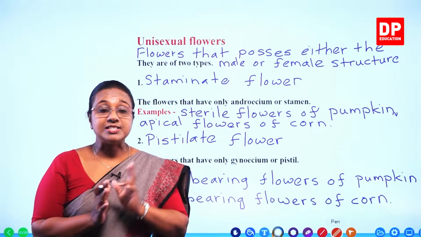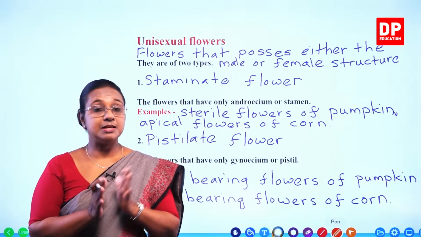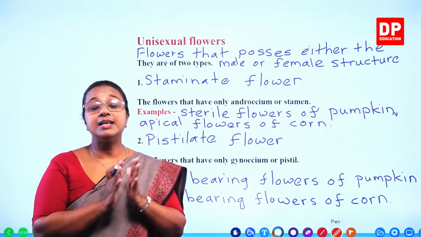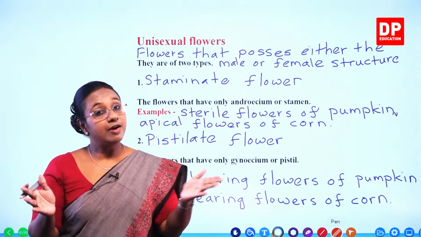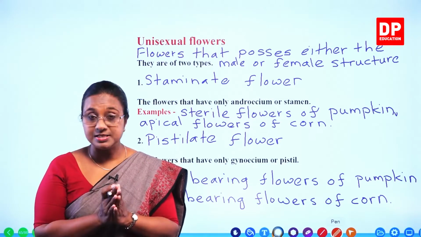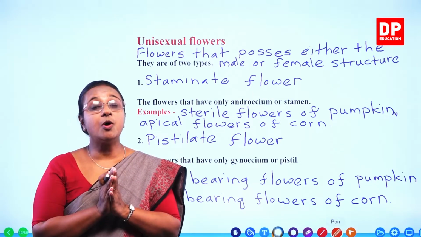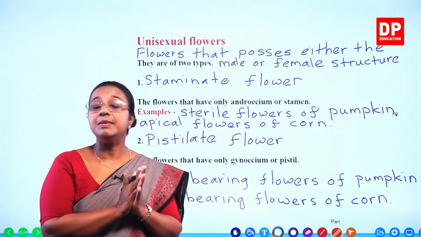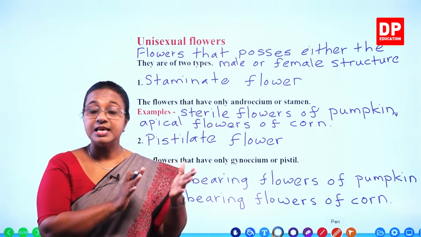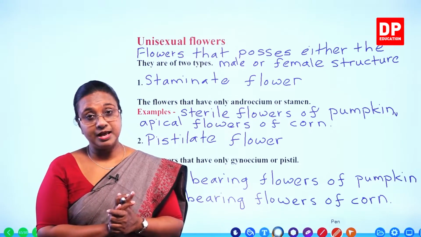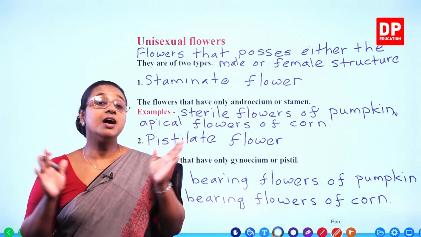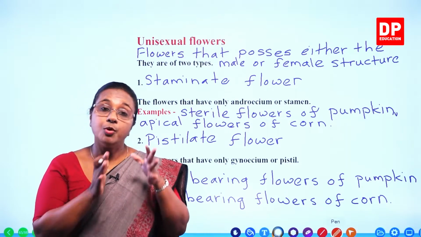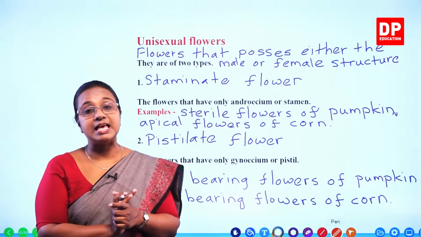So now we have discussed the two types of flowers, the bisexual flower and the unisexual flower. If a plant has bisexual flowers, for example, shoe flower or hibiscus, then we call it a complete plant. It has both the male and female reproductive structures in the same flower, same plant. But when the plants have unisexual flowers, some plants can have both the flowers on the same plant.